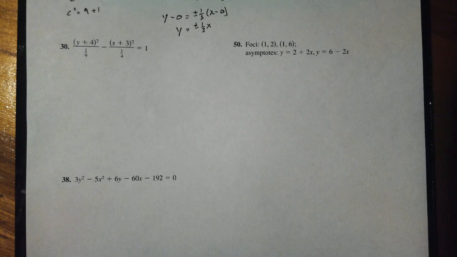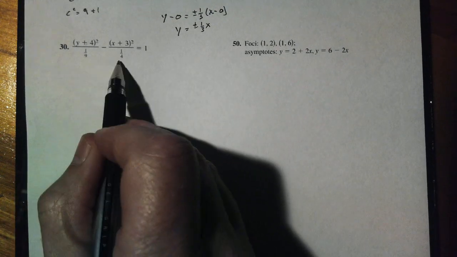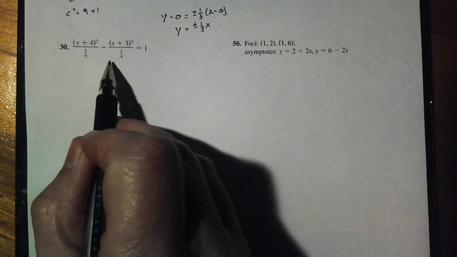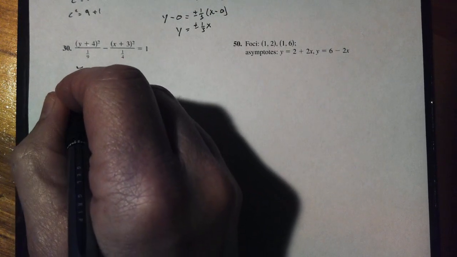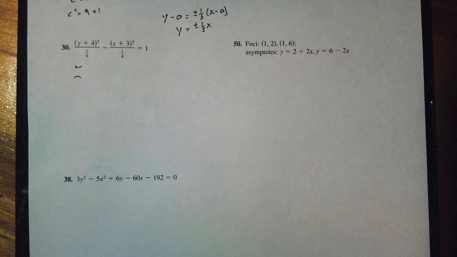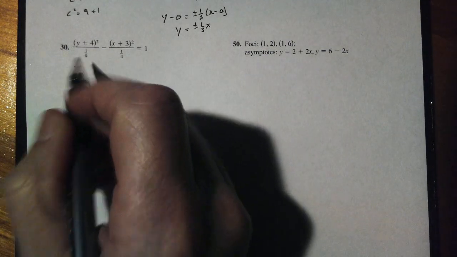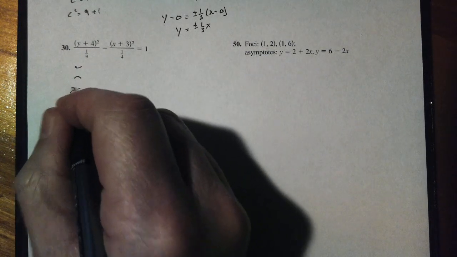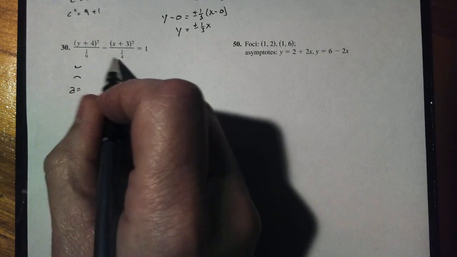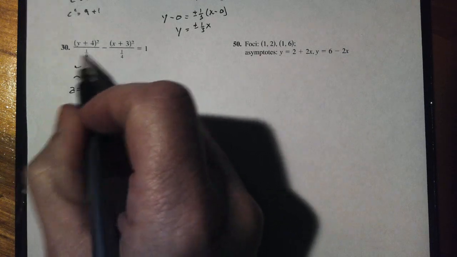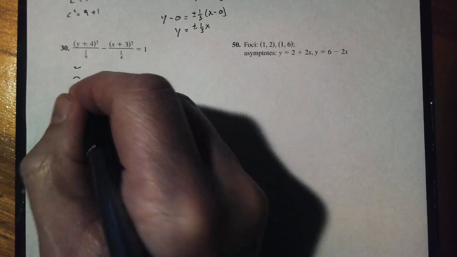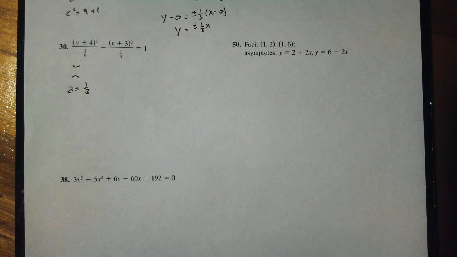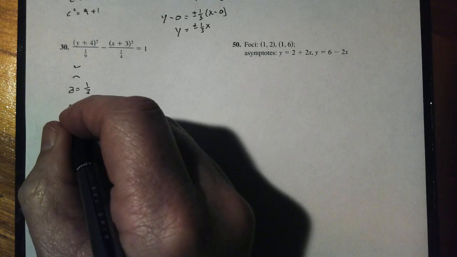Okay, let's take a look at 30. 30 is a mess just because we have these tiny little micro moves here. This is a y squared, therefore it opens up, down. We've got a is the square root of 1/9. It's not the bigger of them. Notice it's the positive one. This is a squared, so a is just 1/3. We're going to move 1/3 right and left from the center.